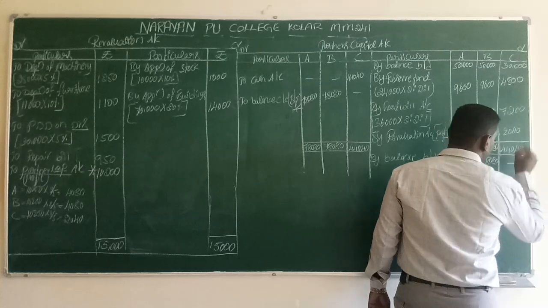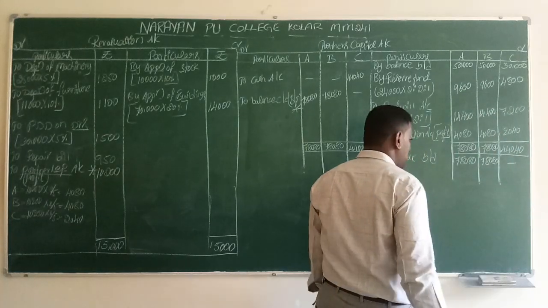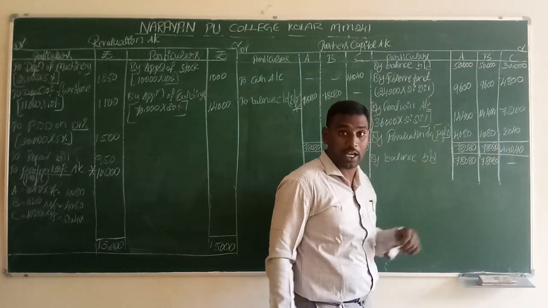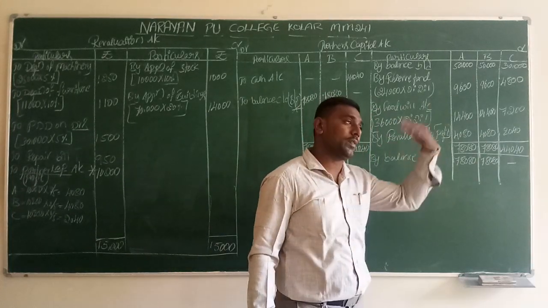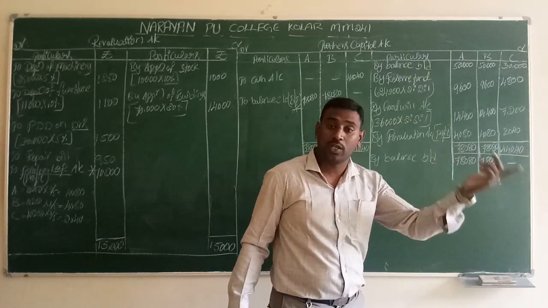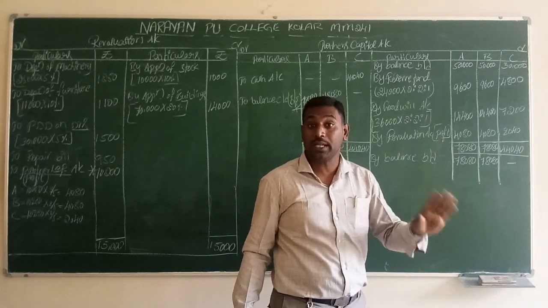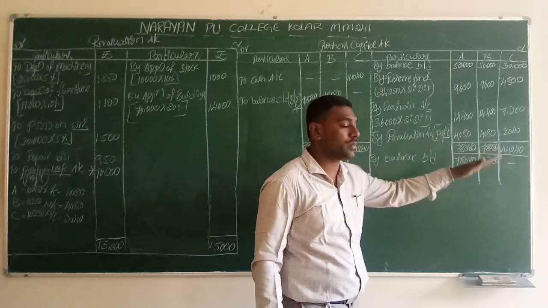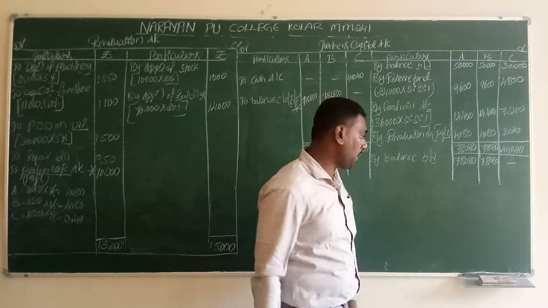For the third partner we want balance carried on because we have to settle by cash. If we are not settled by cash, it will be treated as a loan, and so it will come to the new balance sheet. But in this question we are settled. In the previous question we settled by cheque; in this question we settle by cash. So no balance brought down will come for the retiring partner.